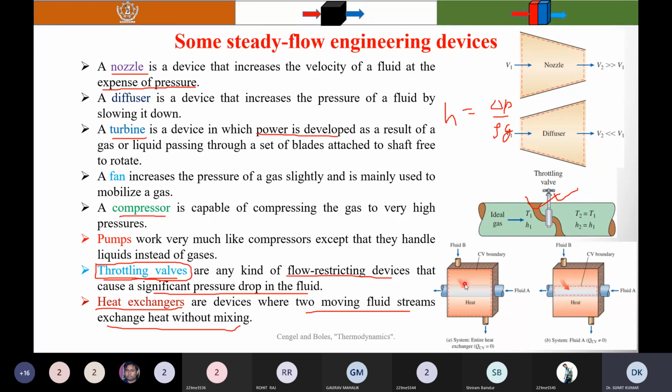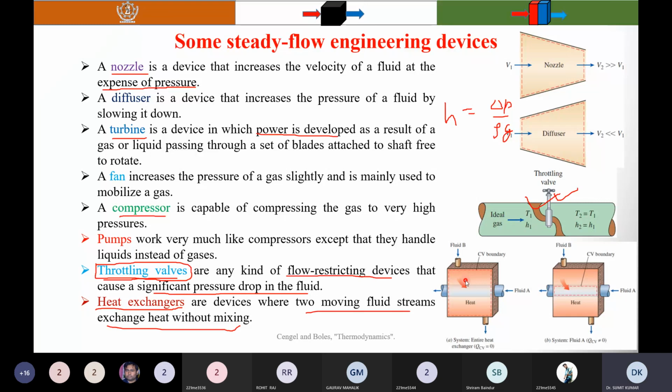If it is separated by a pipe, suppose hot fluid is flowing through, there is convection and conduction. So the hot fluid transfers the energy to the wall, and inside the wall there is conduction heat transfer, and from the other side of the wall, the outer side, it exchanges the energy with the other pipe. In this way the energy transfers from one fluid to the other fluid.